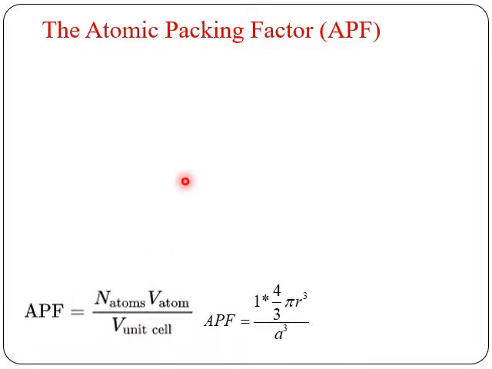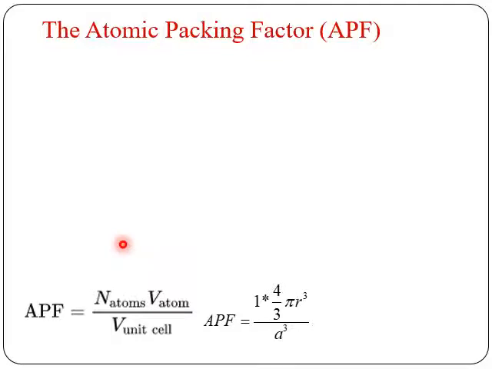Atomic packing factor is defined as the volume of atoms, that is the total volume of atoms, divided by the volume of a unit cell, or we can write APF is equal to n suffix atoms, V suffix atoms, and V suffix unit cell, where n atoms is nothing but the effective number of atoms.